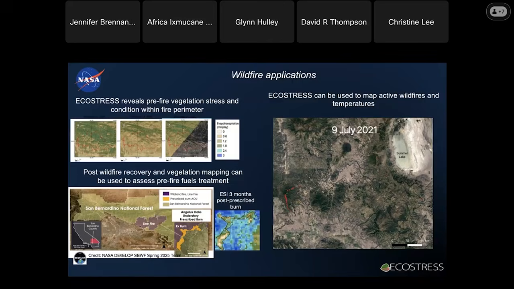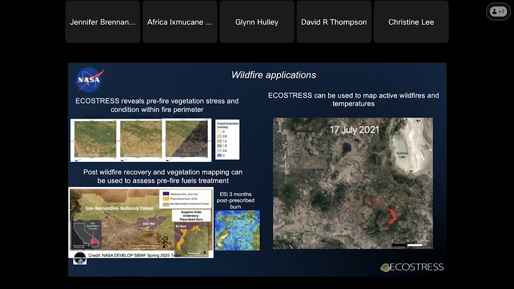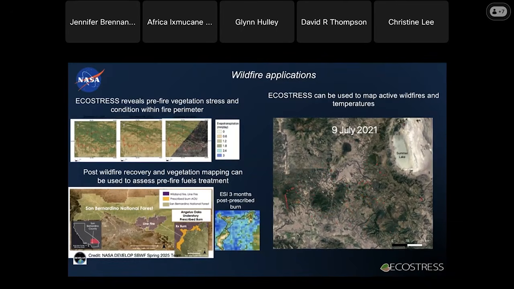And then we can also use ECOSTRESS data to understand wildfire recovery and support vegetation mapping in more of a post-fire environment. And then on the right-hand side is an animation of the evolution of an active wildfire perimeter that we can use ECOSTRESS surface temperature or radiance data to develop as well.